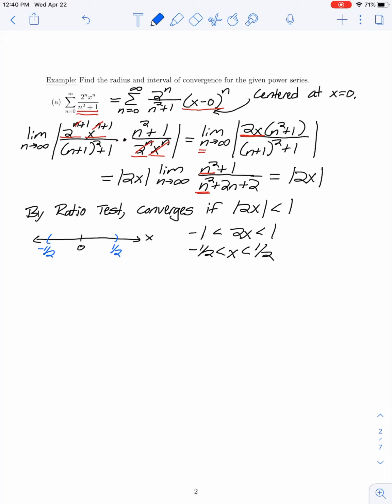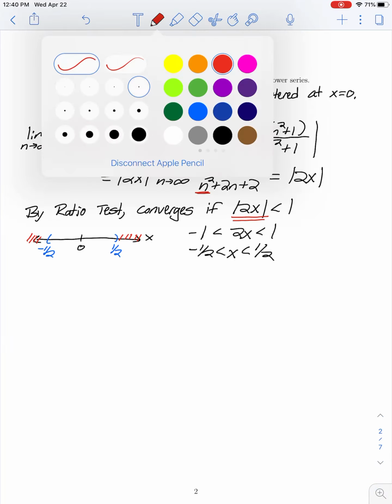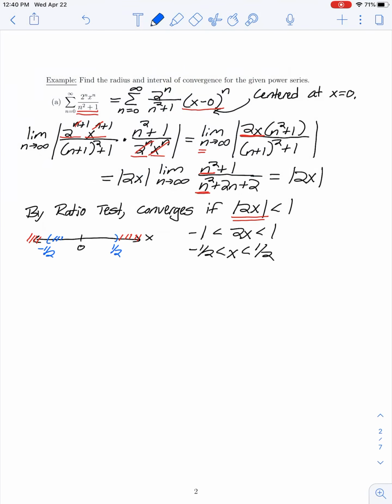And I would have divergence if the absolute value of 2x, that is the limiting value that I found here for my ratio test, would be greater than 1. So anywhere outside of that interval, I have divergence. I have convergence within the interval.